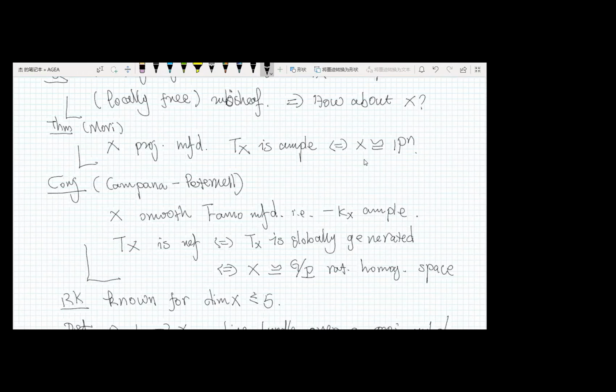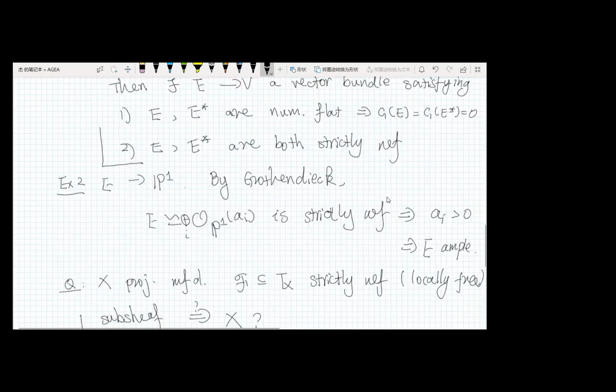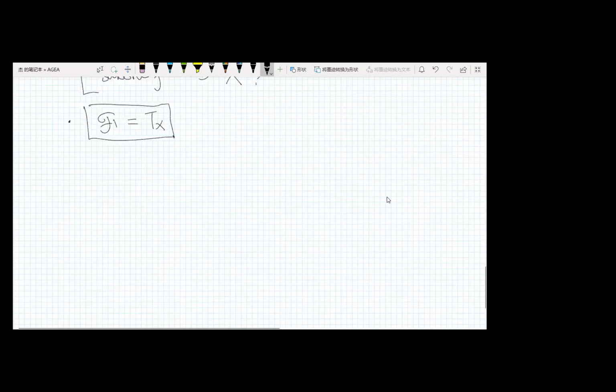So we may conjecture that T_X strictly nef is something between nefness and ampleness. In fact, it is proved by Li, Ou, and Yang that for the tangent bundle, this is very nice.